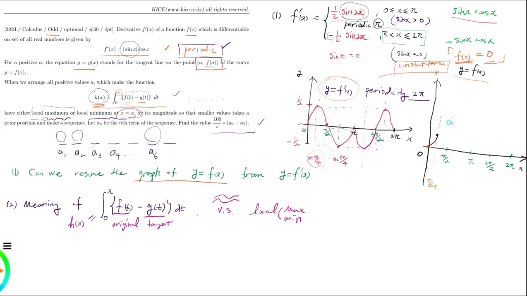From pi over 4 to pi over 2, its derivative is still positive. That means the original function increases, but the absolute value of f prime of x decreases, so it's a concave up. So the graph looks like this, concave up.